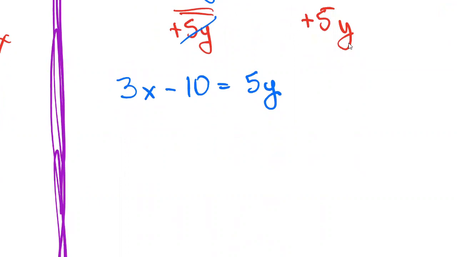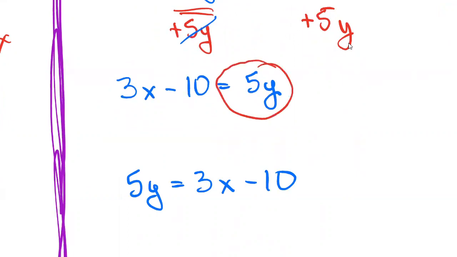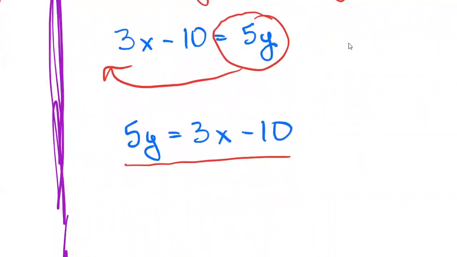Because these are backwards, I can simply change the order. I could write this as 5y equals 3x minus 10, because all I need to do is take this 5y and the equal sign and put it on the other side, which is all I've done.